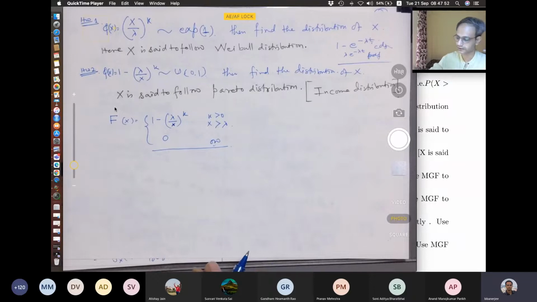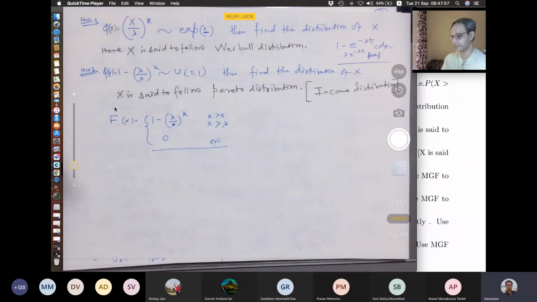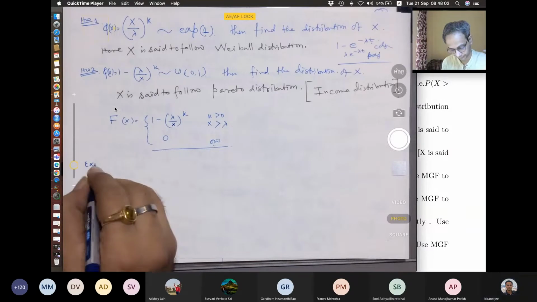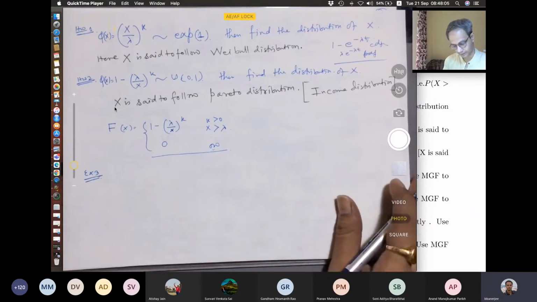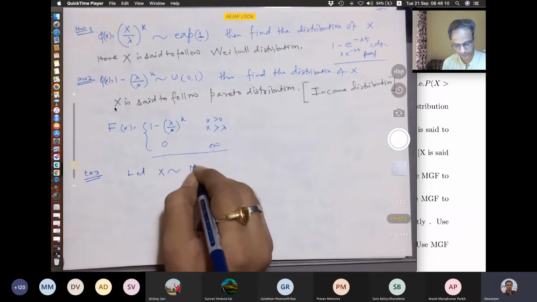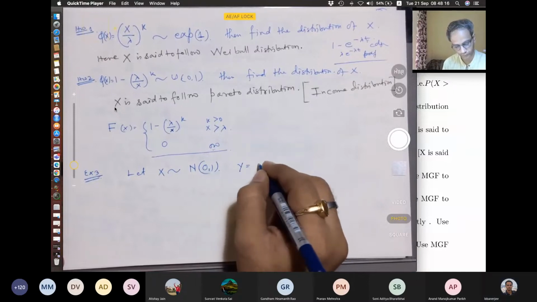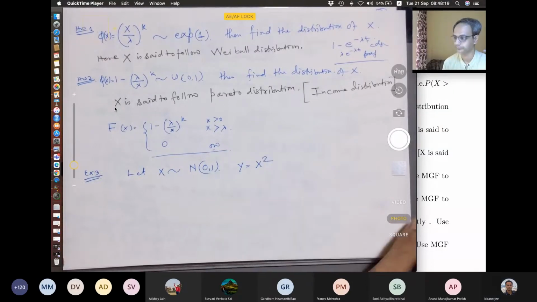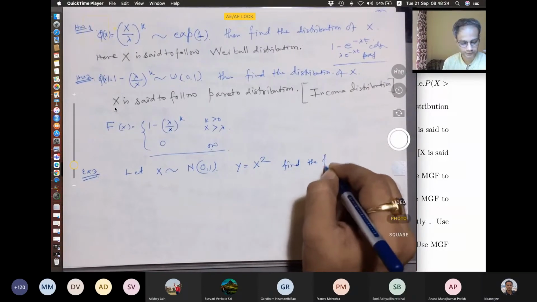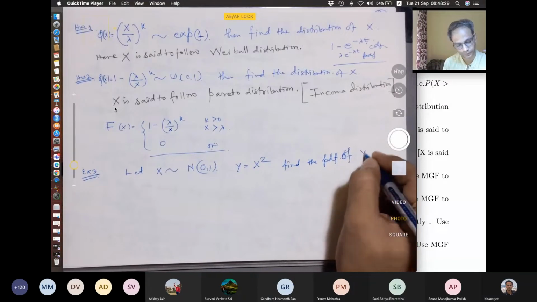Now another interesting exercise that we can do in this connection is this one. Say let x follow normal 0 1 and y equals x square. Find the PDF of y.